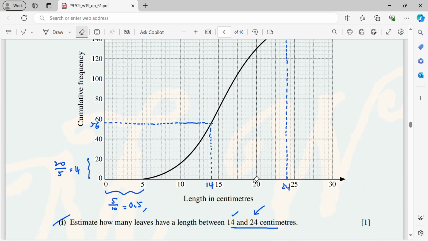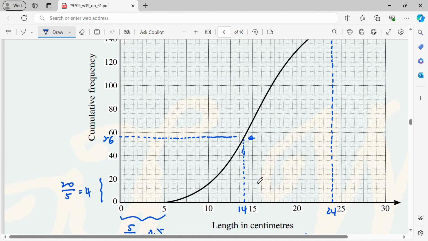So let's check the other one. Okay, when you look at this value carefully, right? If, let's say I enlarge it, it is not really touching the 56. It is a bit lower than that, right? Probably when you refer to here, it is a bit lower. So it means that somewhere here.